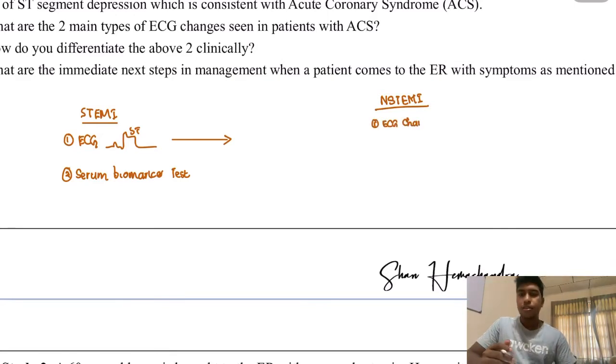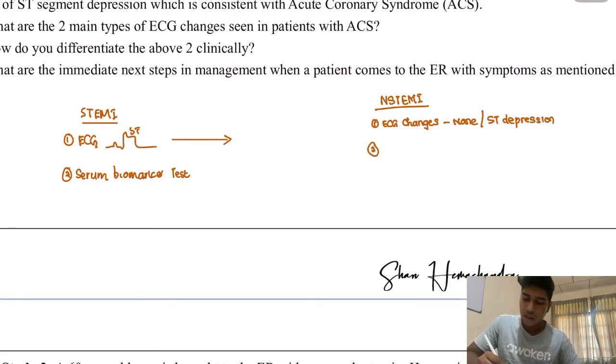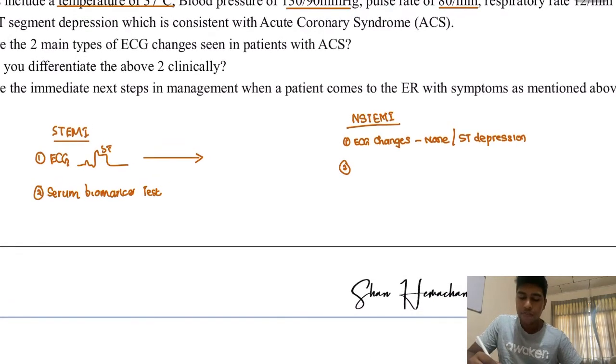This is more difficult to diagnose because ECG changes are either there's no changes, none, or ST depression can be seen. So you cannot, I repeat, you cannot depend on ECG for non-STEMI.